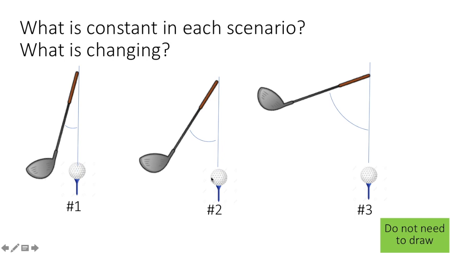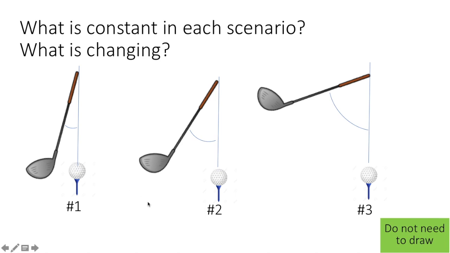In scenario 2, we have the golf club being pulled back even further, so a greater angle away from the ball and then released to hit the ball. And in the third scenario, the golf club is pulled back at the largest angle, the furthest away from the ball, before it is released. So the question is, what is constant in all three scenarios, and what is changing?